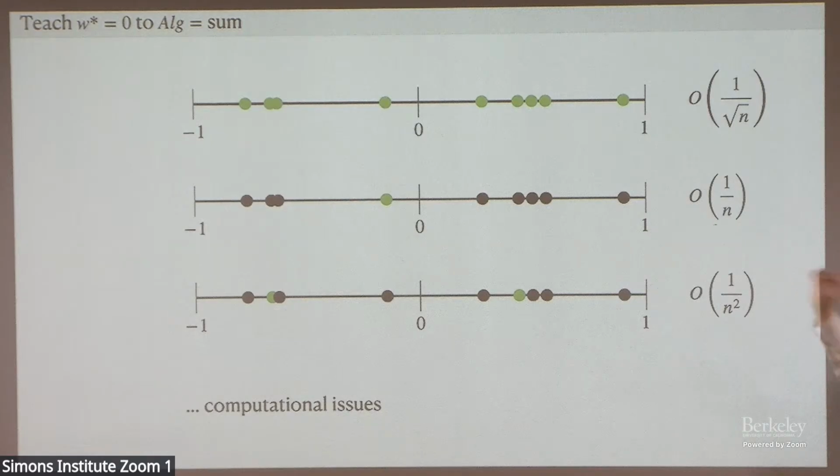Again, because there are n items. Imagine it's uniform P. But the teacher can do better by considering a subset of 2 and finding the most symmetric pair of points. Okay, and you can get 1/n². Why stop here? Subset of 3, 4, 5, right?